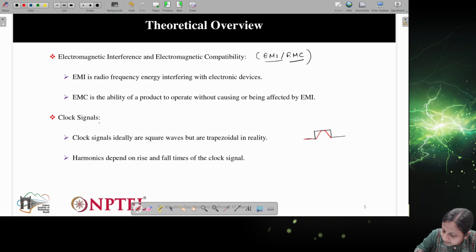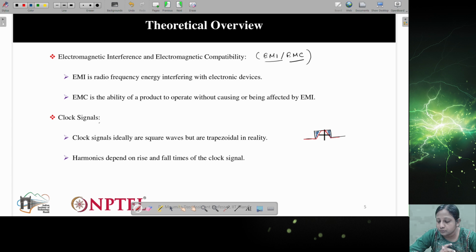You can see here the black one is what we expect, but the red one is what we get. So these are the places which will cause noise to be present.